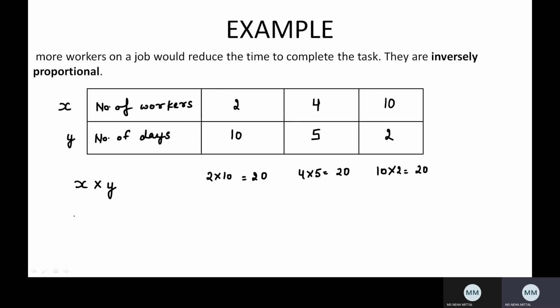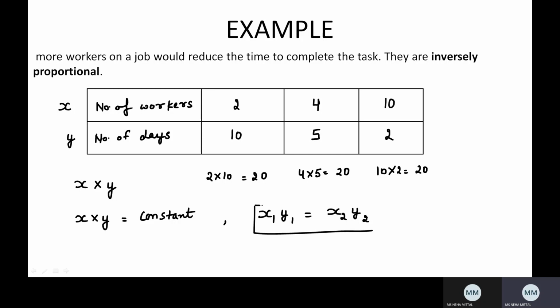So we can say in the case of inverse proportion, the product of quantities is always fixed. It means the product is always a constant. So, whether we find the product in the first case or in the second case or in the third case, the product is always the same. So, this is the formula to find inverse proportion.